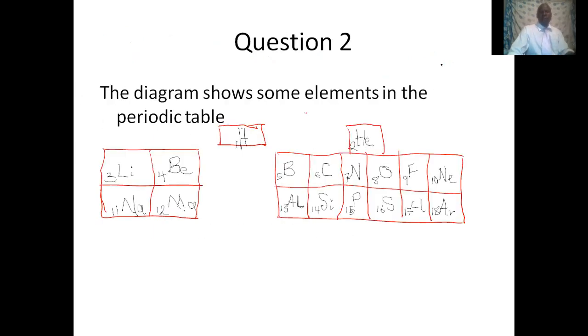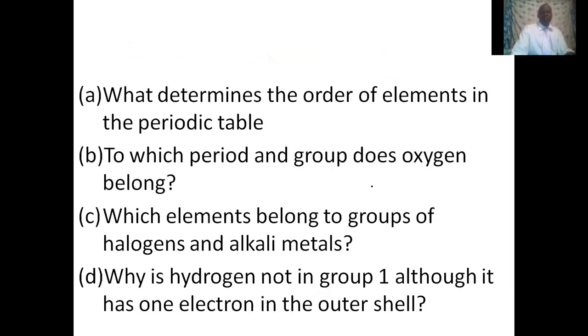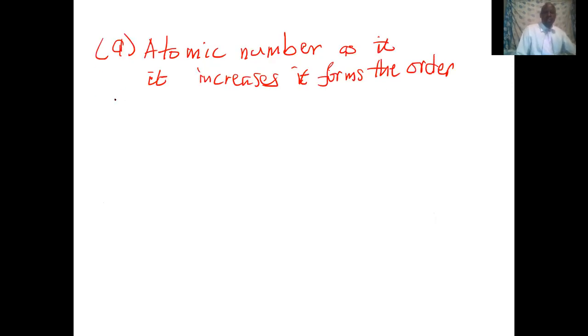As you can see here, you note that the atomic number for them is 3, then there's 4, there's 5, 6, 7, and the like. And B, to which period and group does oxygen belong? To find the group, we have to look at the electronic configuration of oxygen.